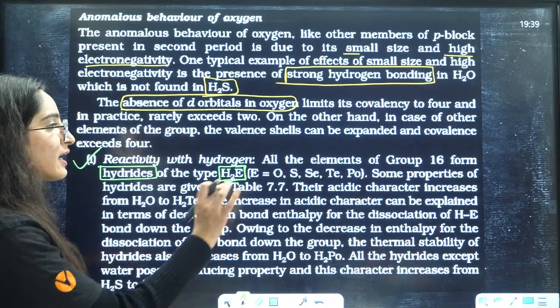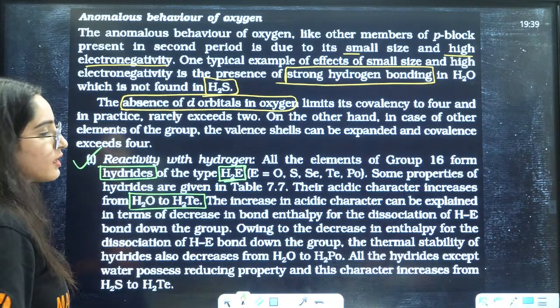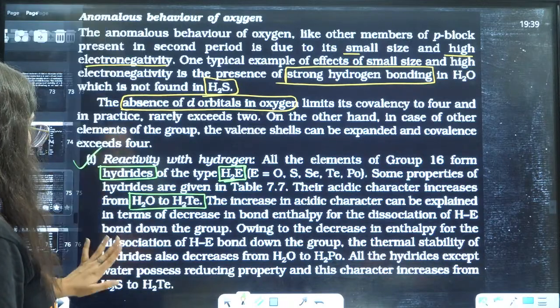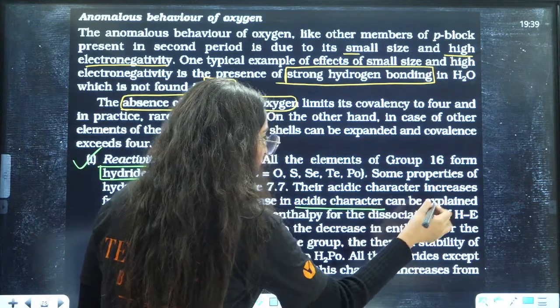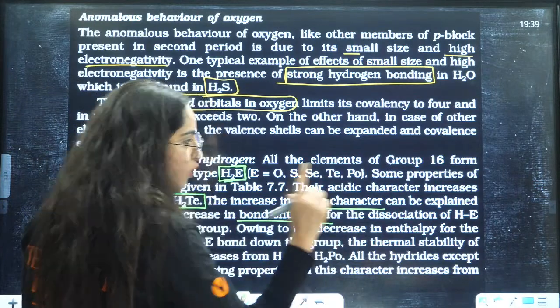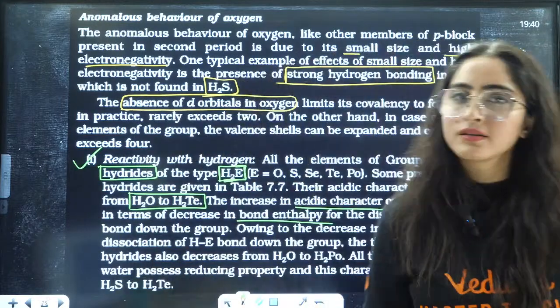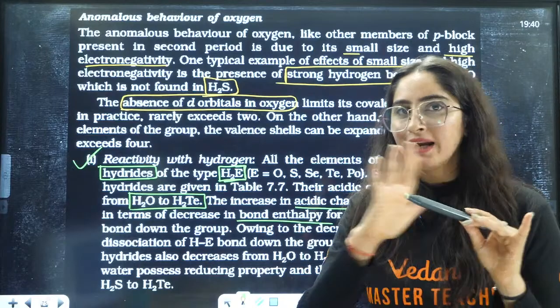The acidic character increases, again the same thing, okay? Acidic character will increase. The increase in acidic character can be explained in terms of decrease in the bond enthalpy for the dissociation. See, down the group size is increasing, right? So as the size is increasing, down the group bond length is increasing.